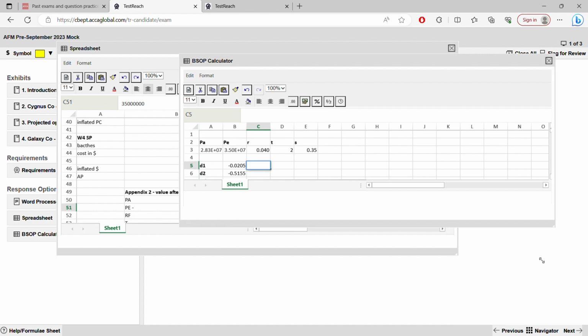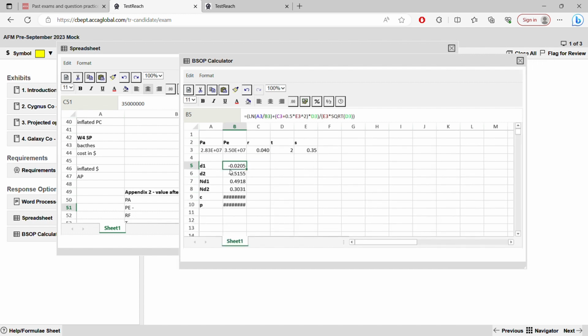I'm going to expand this for you. What happens? You see, automatically D1 is calculated, D2 is calculated, and ND1 and ND2 are calculated. Earlier, we had to manually do this. Now, automatically it is calculated. Right? So you don't have to worry about it. What about C and P? Why are C and P coming like this?